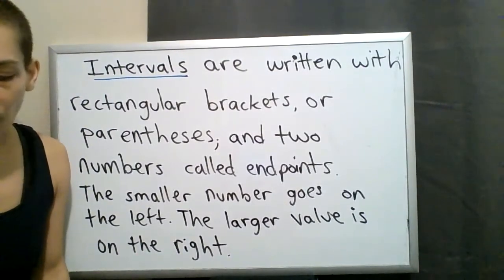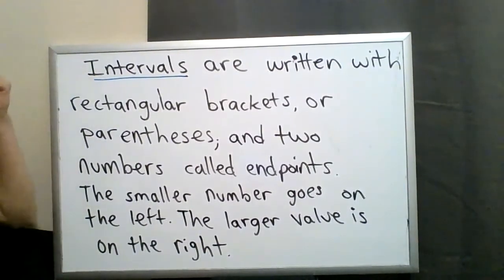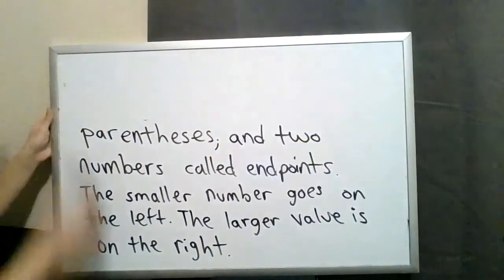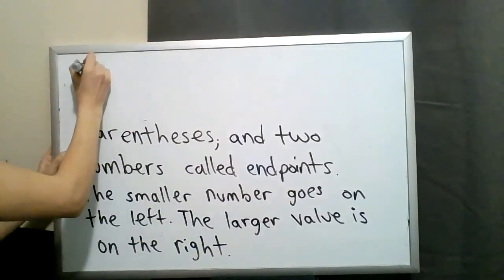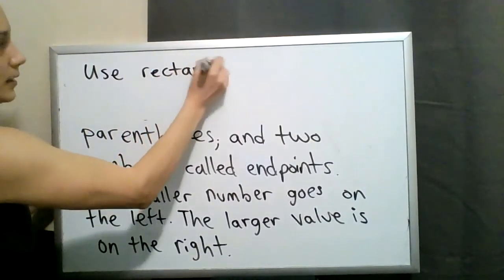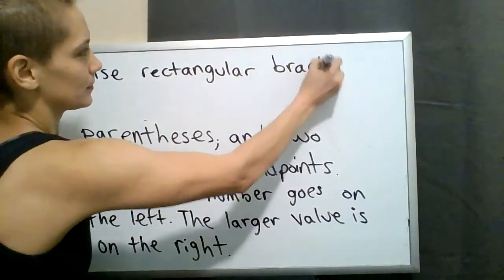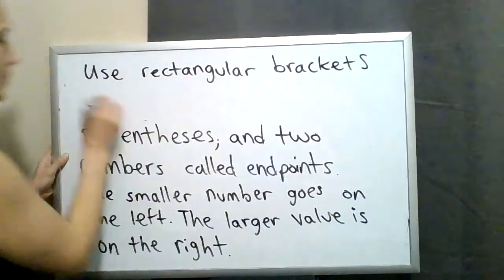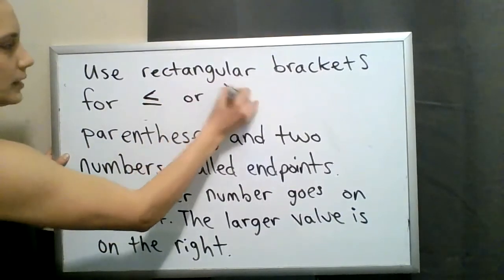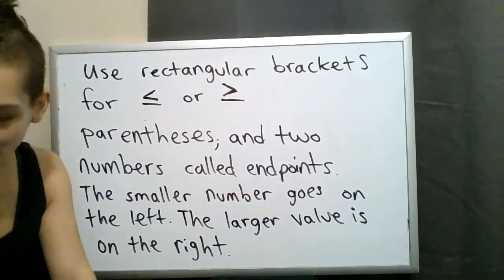Rectangular brackets are used for the greater than or equal to or less than or equal to symbols. Use rectangular brackets for less than or equal to, or greater than or equal to.